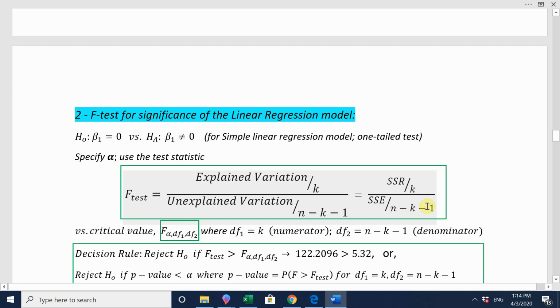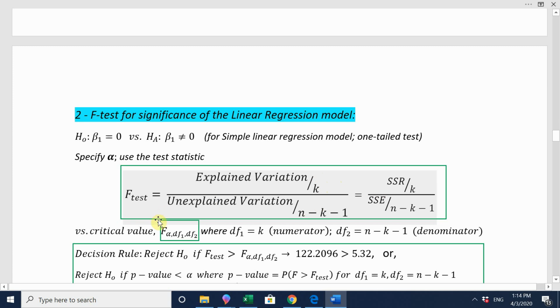And here I've got minus 1. So hence this is really the unexplained variation that is divided by n minus 2 for simple linear regression. And so we see that the F test is based on this ratio right here, or on this proportion of explained variation, the mean explained variation relative to the mean unexplained variation.